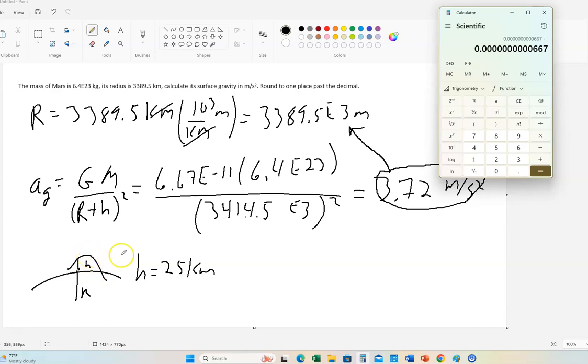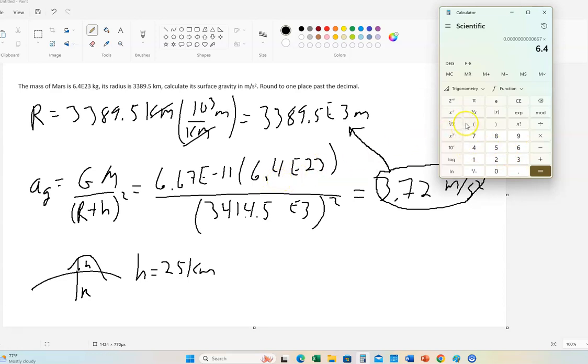But it's not much when you compare it to the radius of the planet, which is thousands of kilometers; you're only 25 kilometers above. But still, anyhow. There's the big G, and then here times 6.